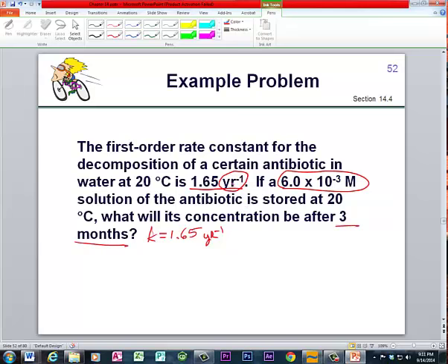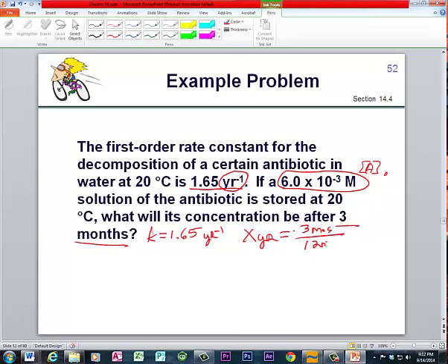Now, if you know it's a first order reaction and you have an initial concentration, so for instance, this concentration is A naught, and you want to know what the concentration is after some period of time, and we're talking about 3 months. So I think years is the easiest conversion to make. And so let's see, 3 months, and how many months in a year?